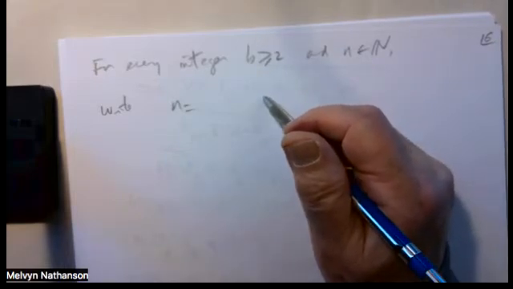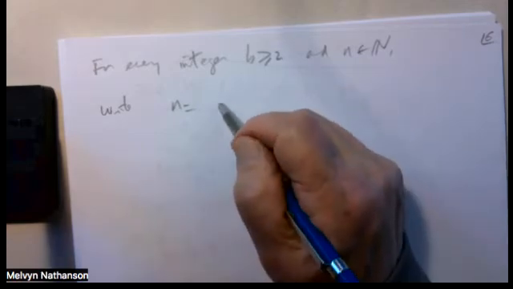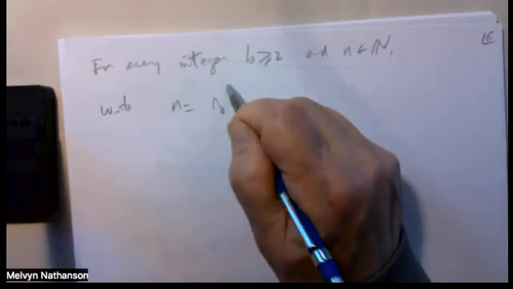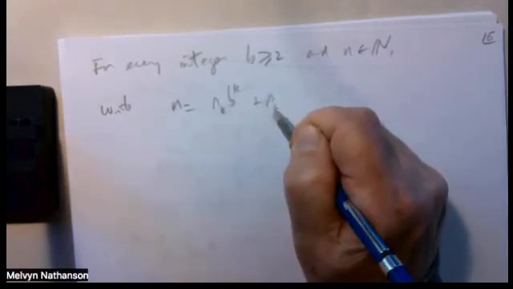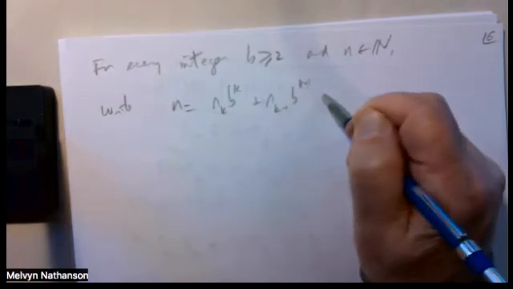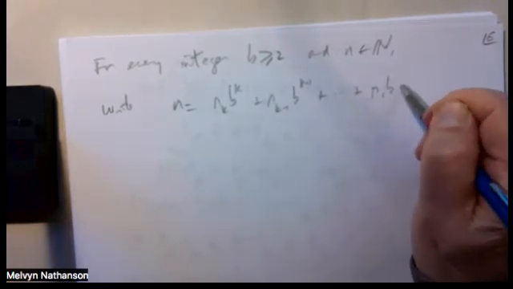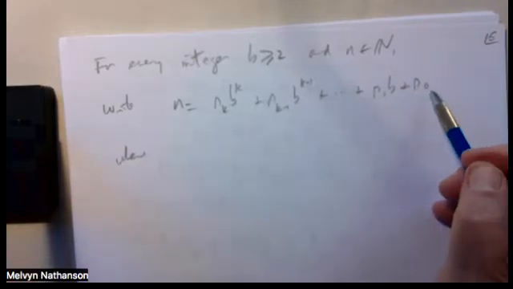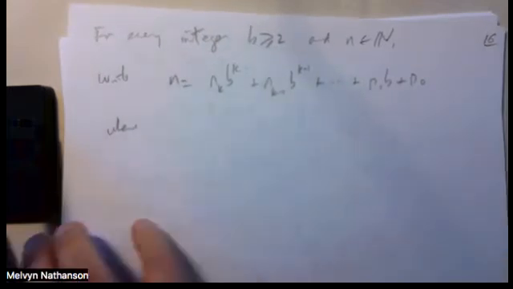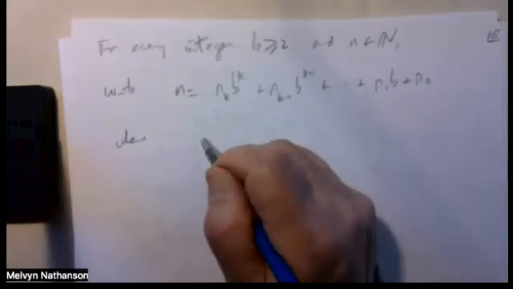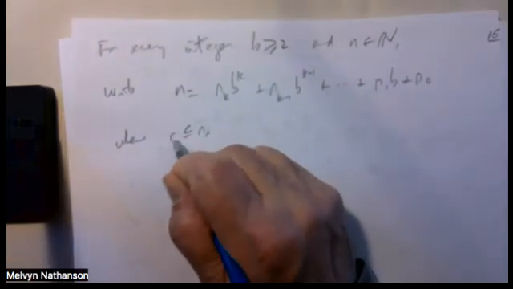So to use the notation of the book, you can write n as r sub k b to the k, plus r sub k minus 1 b to the k minus 1, down to r sub 1 b plus r0. So this is a sum of powers of b where all these coefficients r sub i are between 0 and b minus 1.